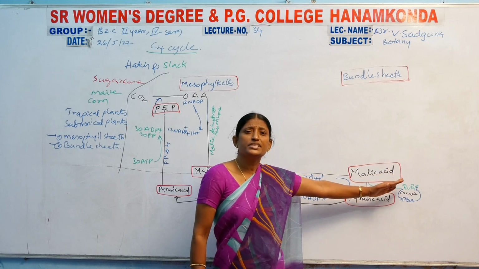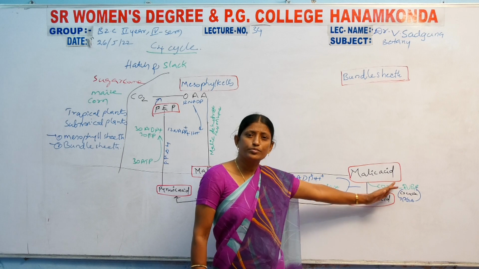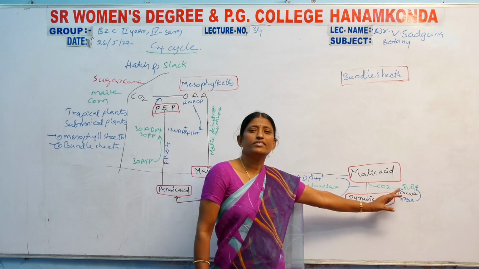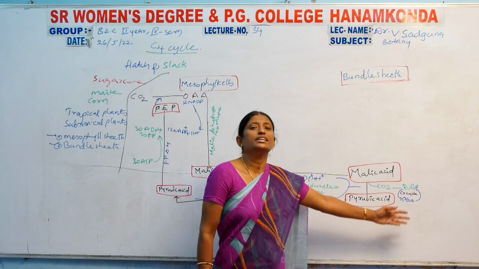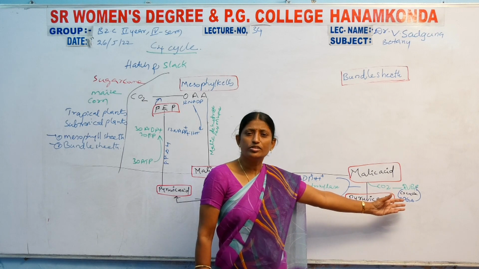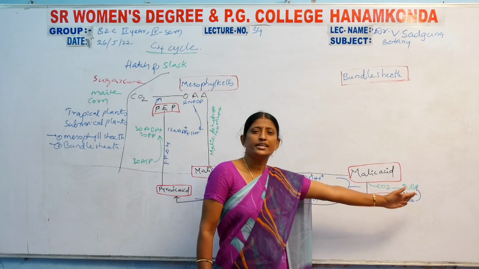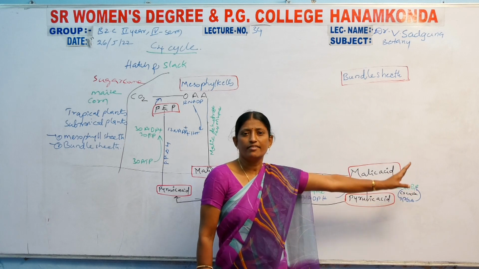Then the ribulose bisphosphate is converted into phosphoglyceric acid, then again phosphoglyceric acid is converted into ribulose bisphosphate. This reaction mechanism we can observe in the C3 cycle. Then the bundle sheath is connected to the C3 cycle, that is the Calvin cycle.